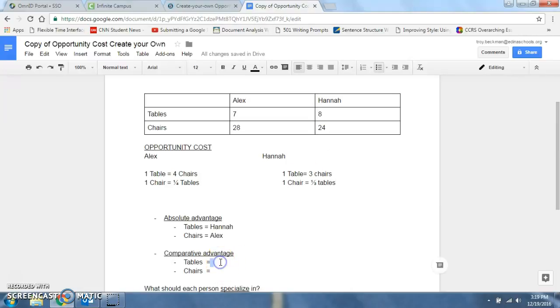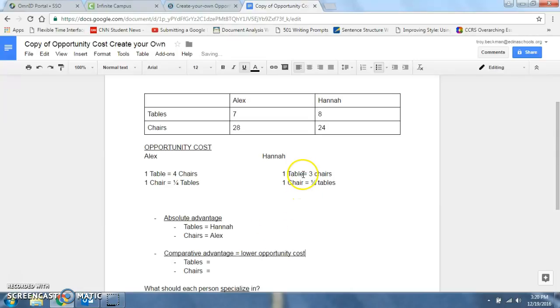Comparative advantage, whoever has the lower opportunity cost. Now we don't look at whoever has the lower number over here right away. So comparative advantage of tables, we're only looking at this portion right here. Alex, for every 1 table, he can make 4 chairs. Hannah, for every 1 table, can make 3 chairs. How do I get comparative advantage? That equals whoever has the lower opportunity cost.